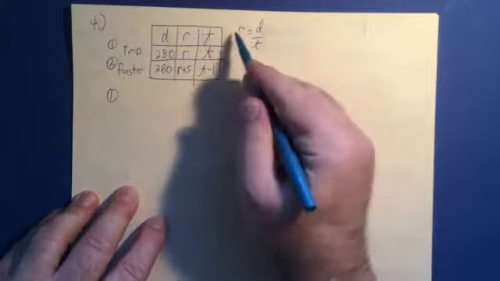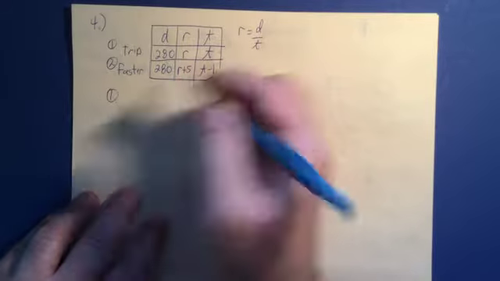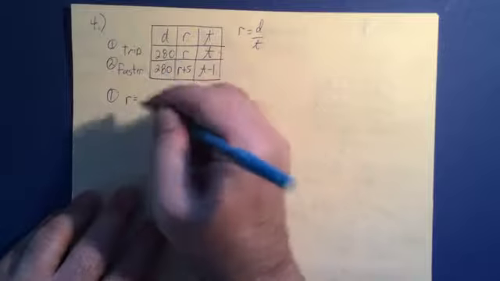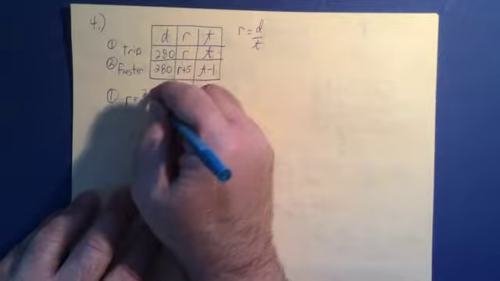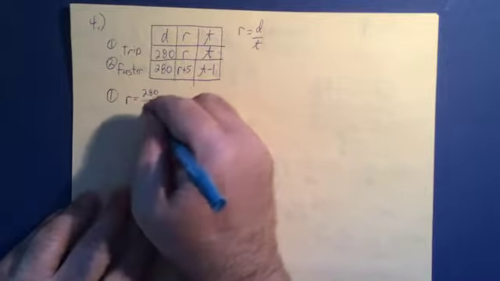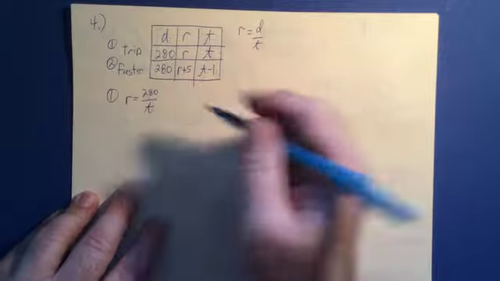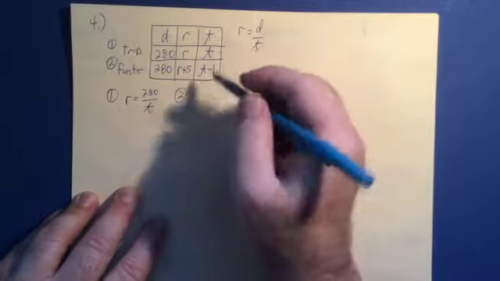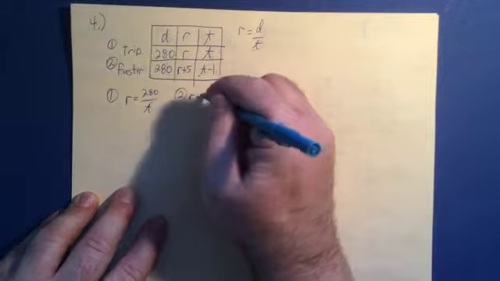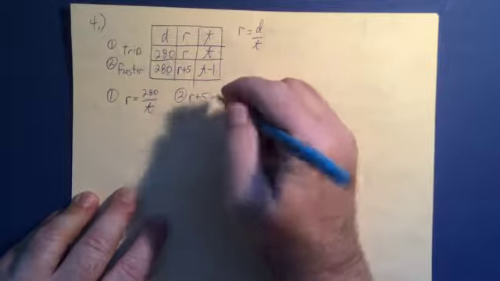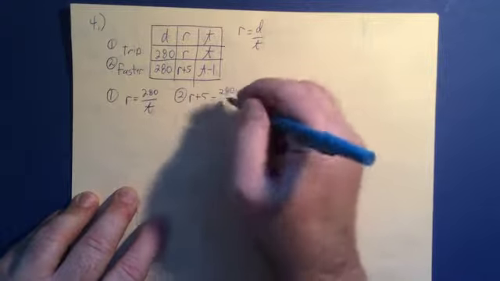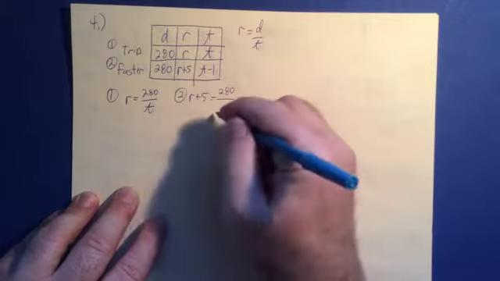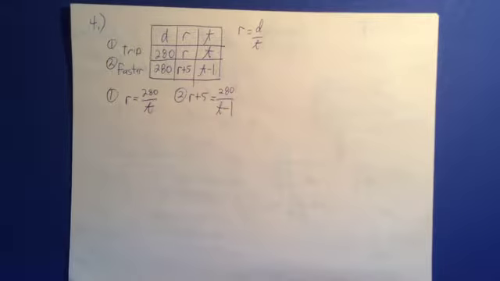For the original trip using r equals d over t, we're going to have r equals 280 over t. For the faster trip, we're going to have r plus 5 equals the same distance, 280, divided by the time, which in this case is t minus 1.